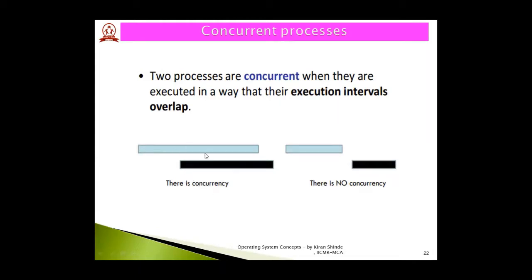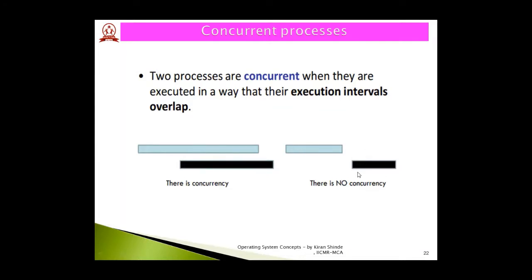Why? Because the two processes, shown with the help of these bars, are intervening with each other as far as the time interval is concerned. This portion is getting overlapped. It means that in this portion the two processes are executing parallelly with each other. That is why this is called concurrency, and these processes are called concurrent processes.